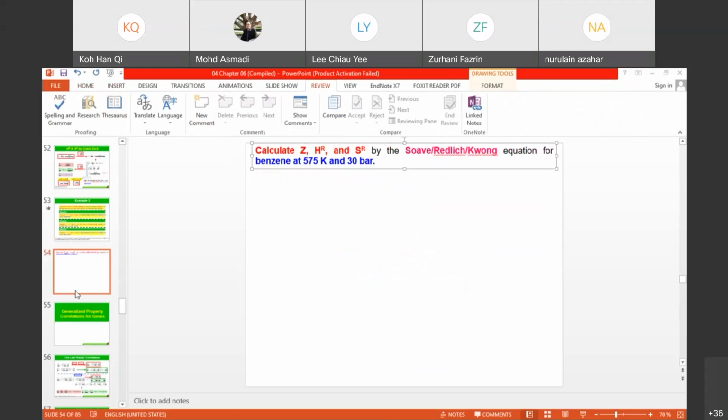So first step is epsilon, sigma, this one. And then if you look at there, the equation is quite long for the alpha.